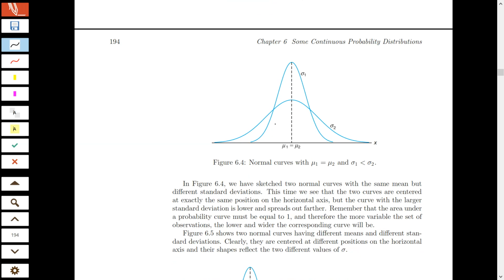And here, this is what I was trying to do: the same mean, but different uncertainties. Which graph has a larger uncertainty here? Mu2, yeah. So you must have two random variables, x1 and x2. x1 corresponds to sigma 1, x2 corresponds to sigma 2, because sigma 2 is not a random variable, it's just a parameter.